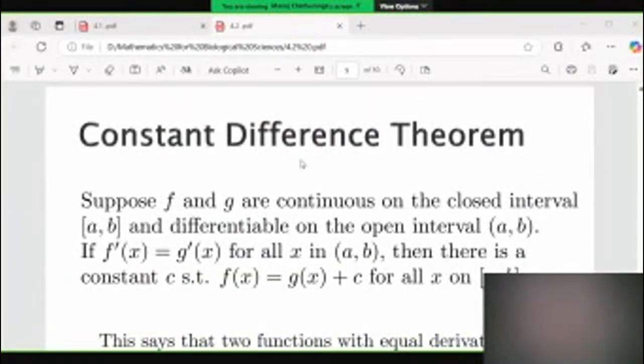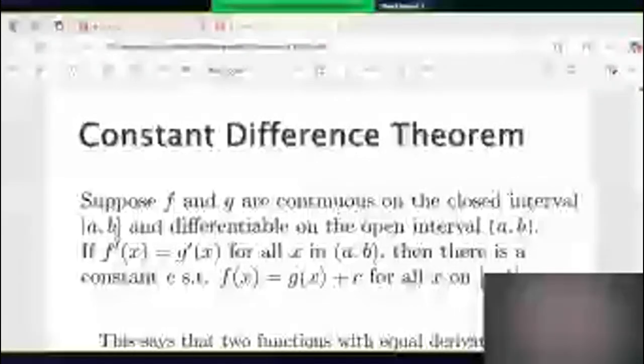Here is another application. This is called the constant difference theorem. Let's say two functions share the same derivative: f prime of x equals g prime of x.